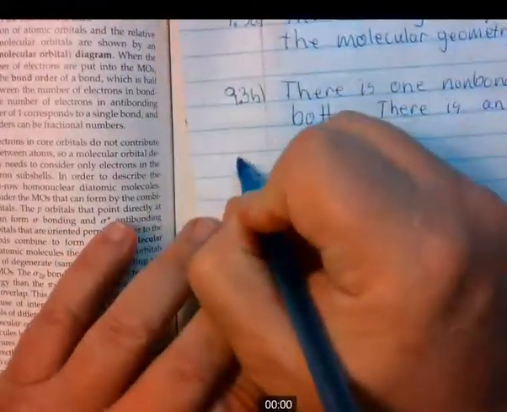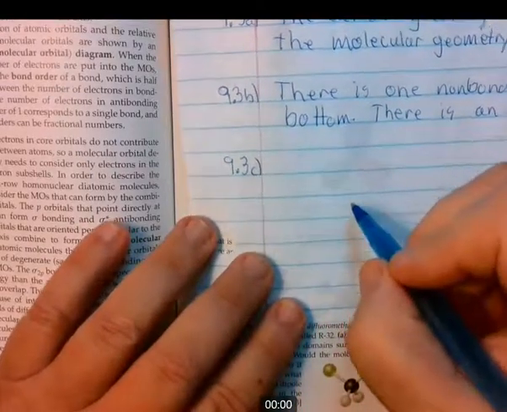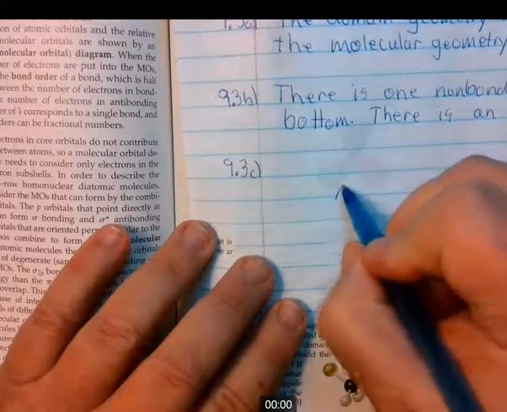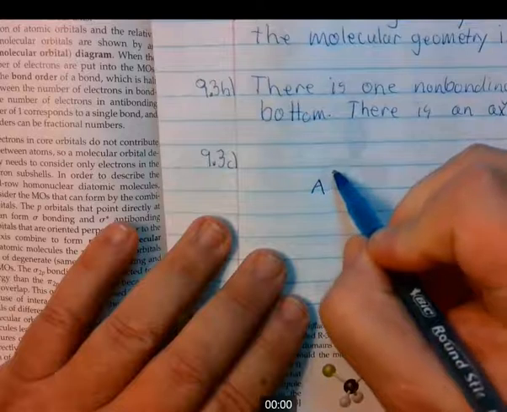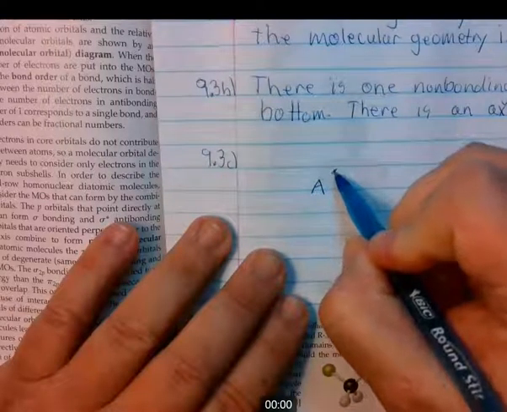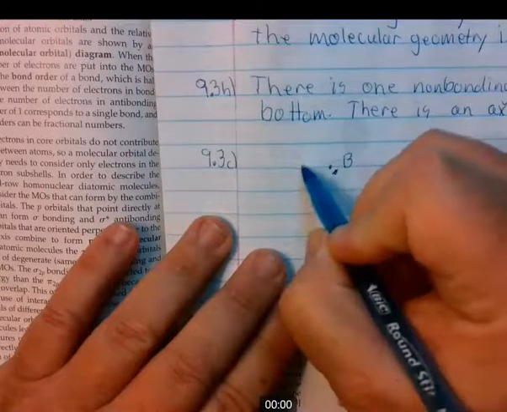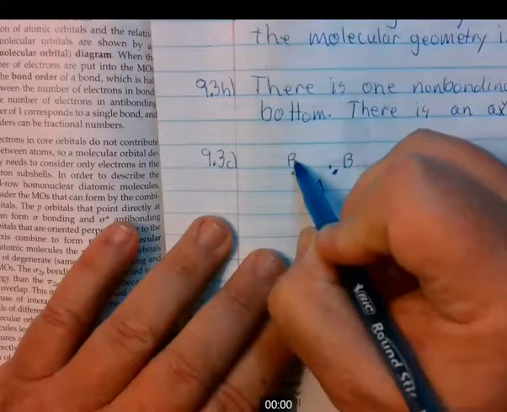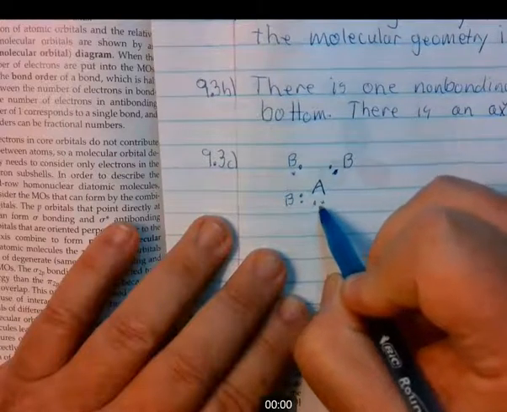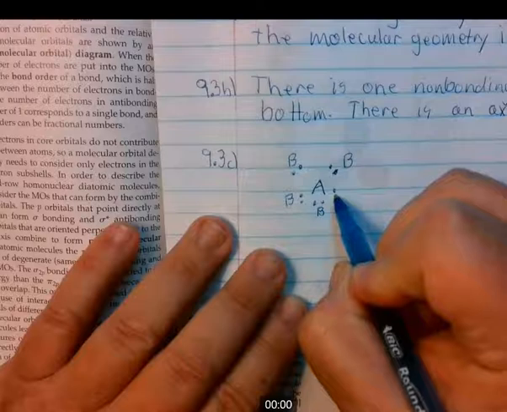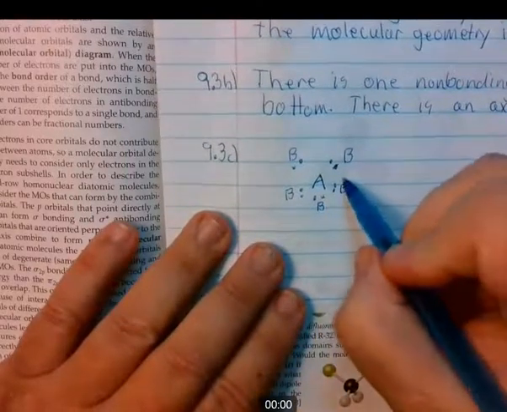So this is going to be 9.3C. All right, so here we have some central atom A, and we know that it's surrounded by 5 other atoms. And I'm going to use dots here. And so this is B, and this is B, and down here is B, and another one on the bottom, and another one over here. All right, and we know they have to have octets.